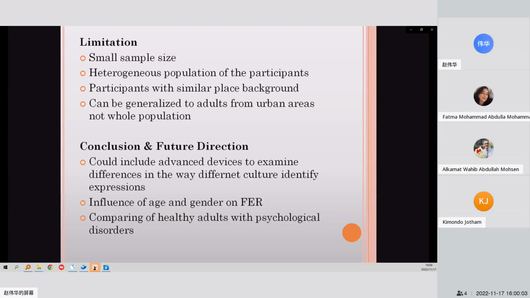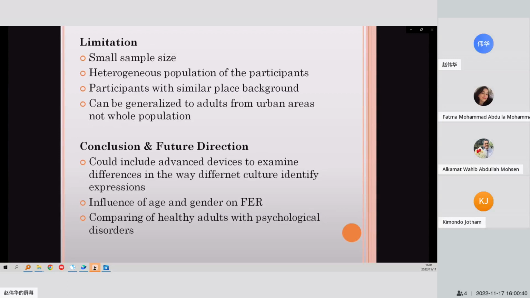The place of this study was actually done in two places only, Melbourne for the Australians, and for the Malaysian part, it was done in Kuala Lumpur.